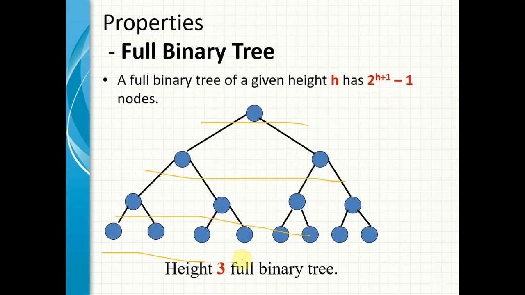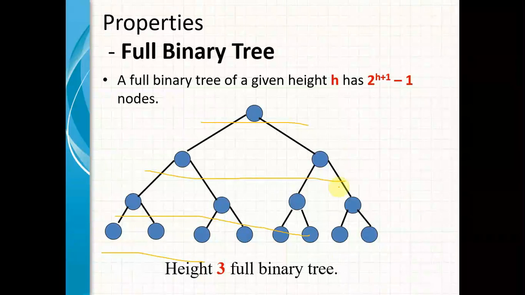Therefore, it has a height of 3. And the total number of nodes is 2 to the power 3 plus 1, minus 1, and note that it is 15.